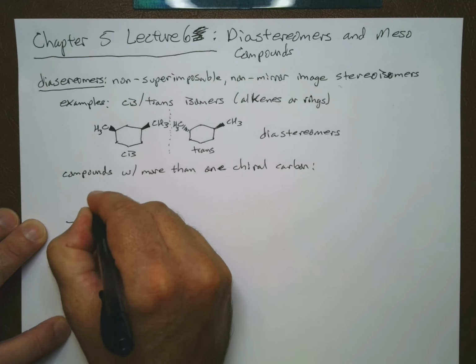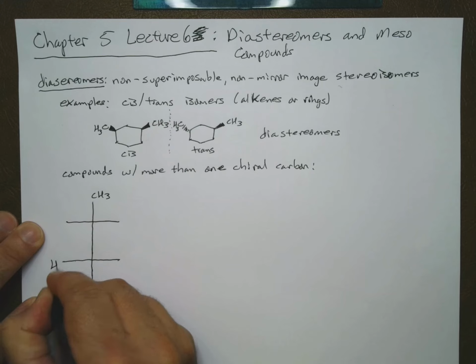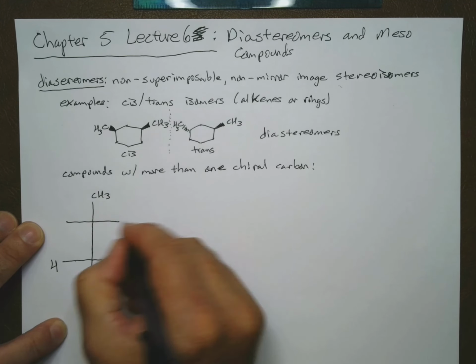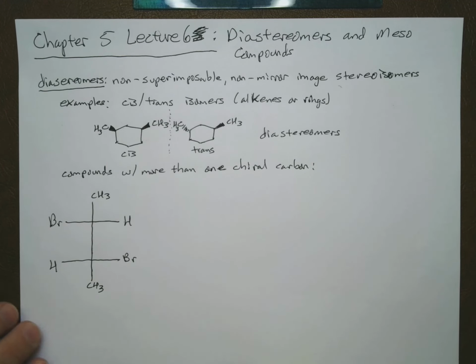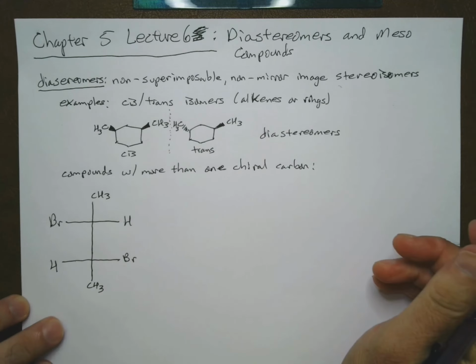So let's do CH3, CH3, H, Br, and Br, H, like so. This is 2,3-dibromobutane.